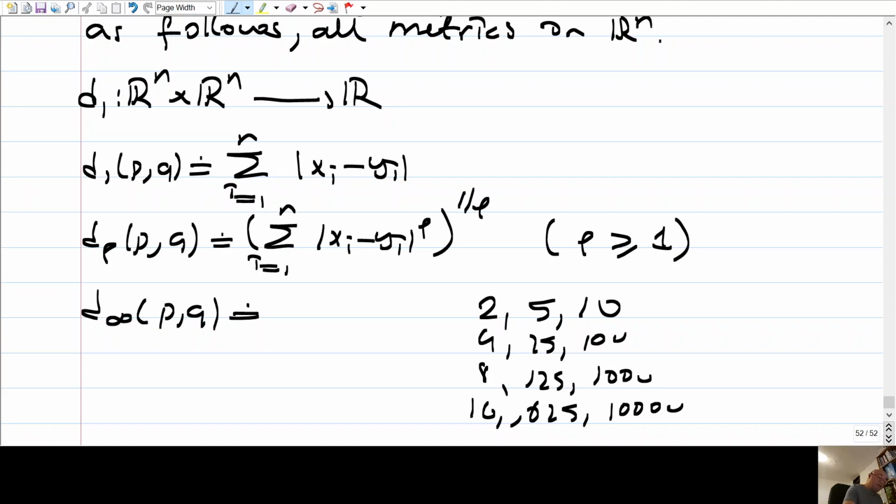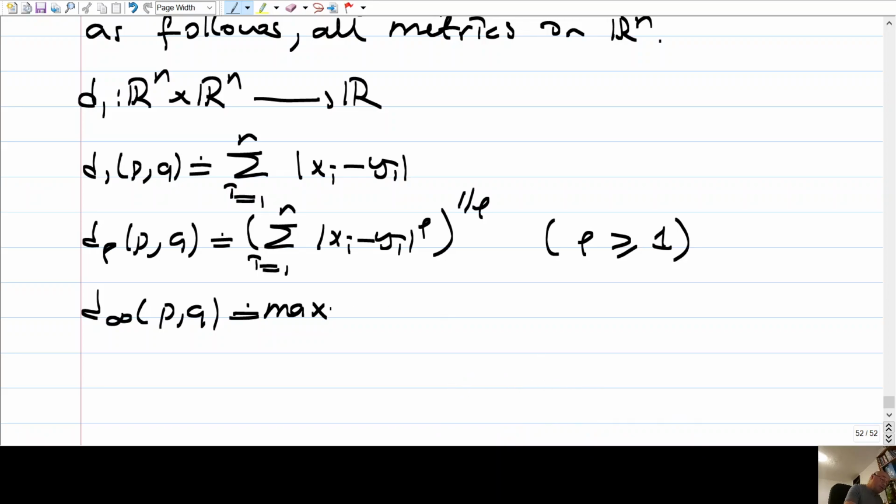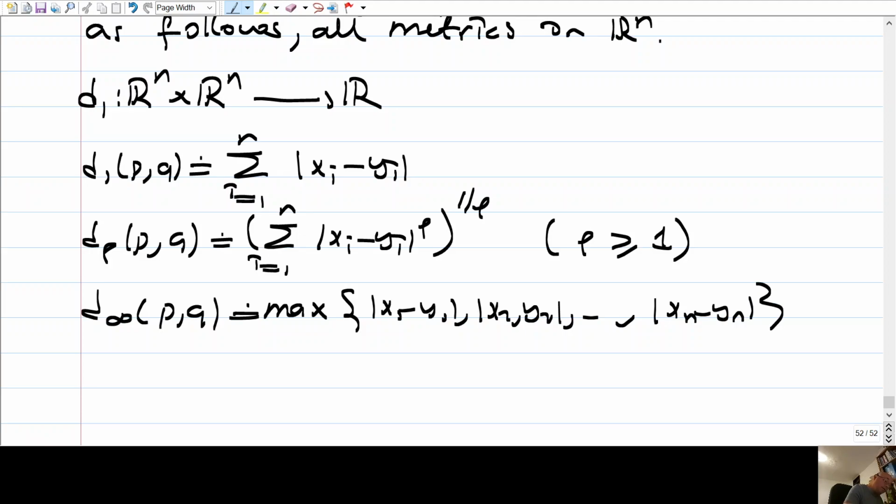In other words, it is just the maximum of this expression: the maximum of the absolute values of x1 minus y1, x2 minus y2, up to xn minus yn. So if you let rho go to infinity, this expression will give you the maximum of these.